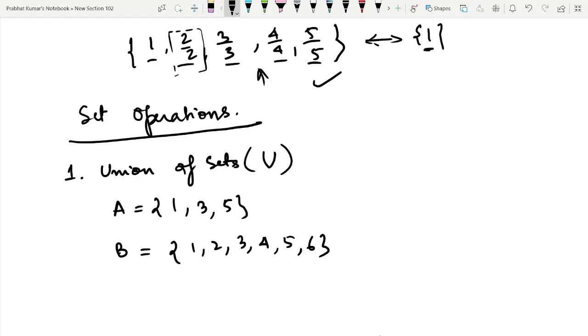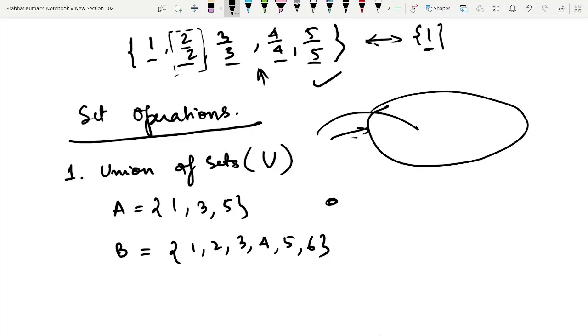So what do you mean by union? You take a large bowl, pour all these elements of A and pour all these elements of B. You separate out the duplicates, and then you get a fresh set using this A and B, right?